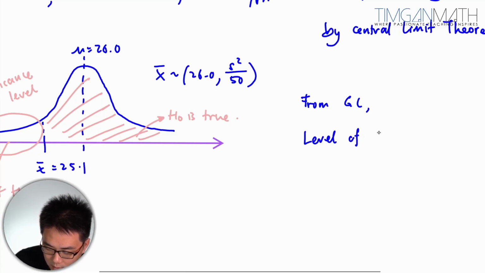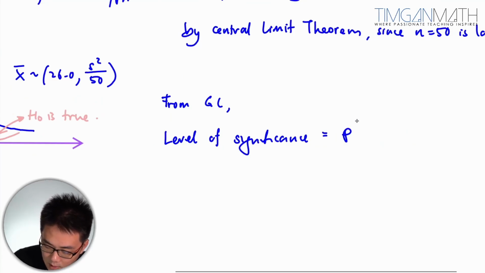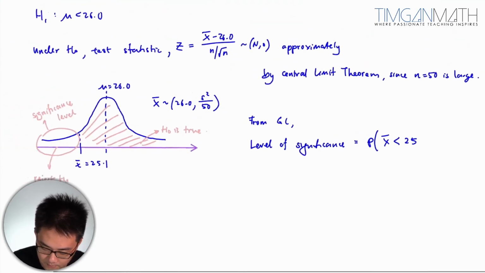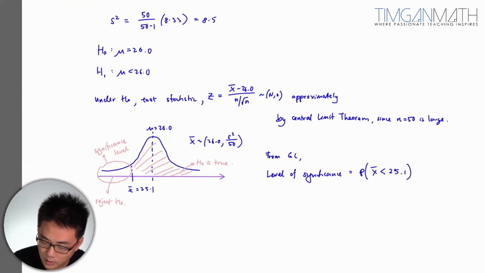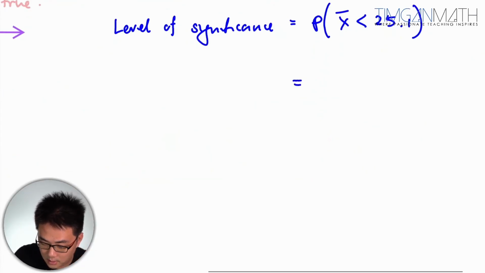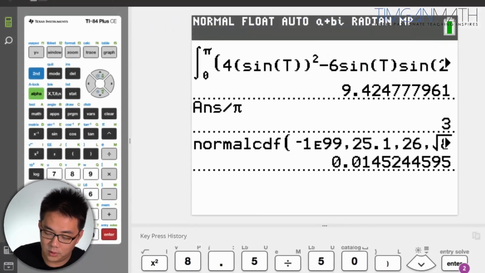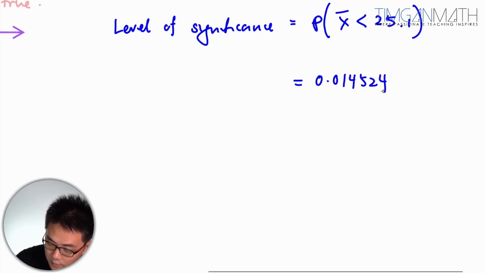Level of significance is equal to P(X bar less than 25.1), which is 0.01452.